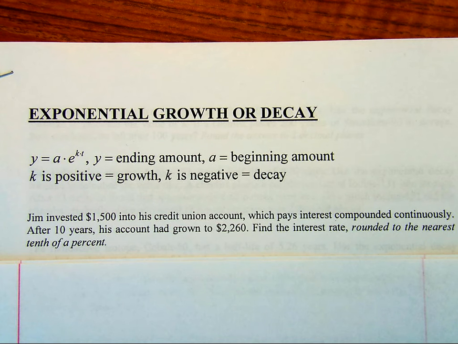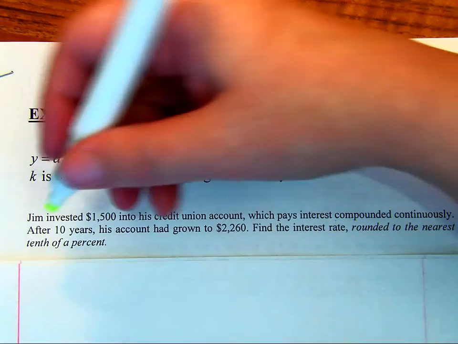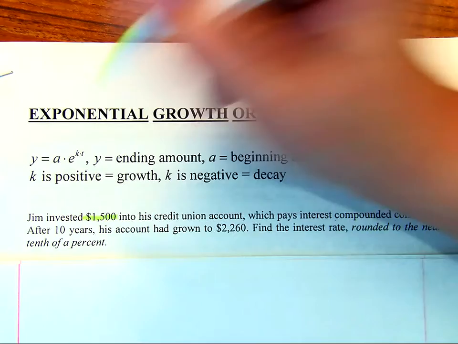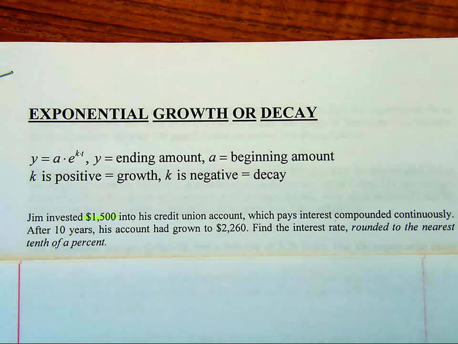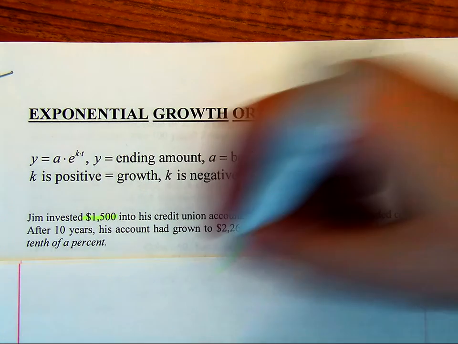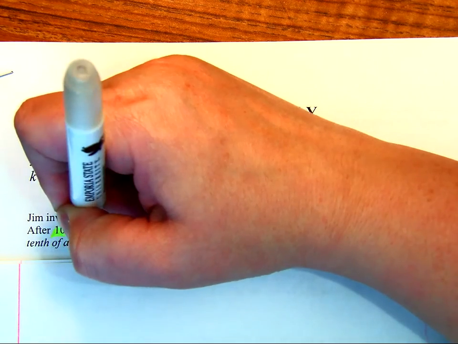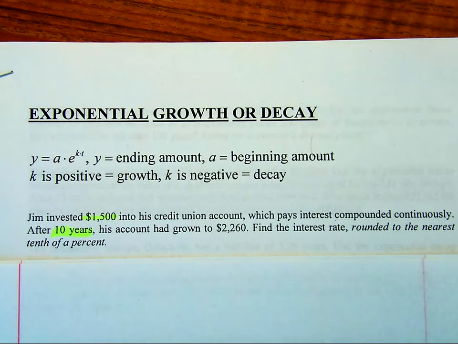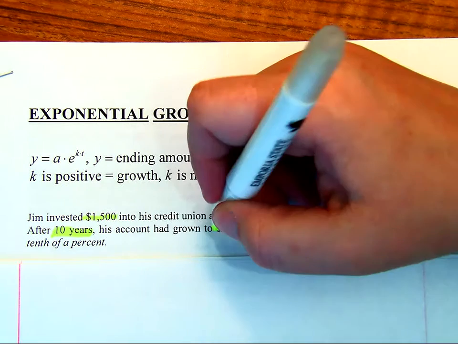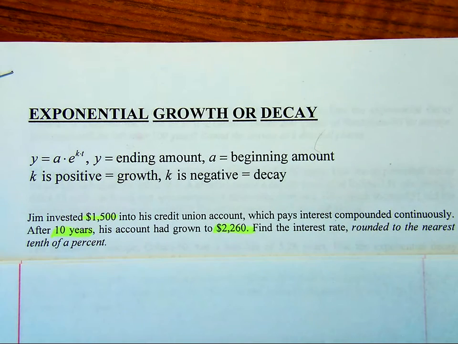All right, so I would go through and I would say this $1,500 is going to represent something I need in my equation. Ten years would represent something I need in my equation. The fact that his account has grown to $2,260 represents something I need in my equation.